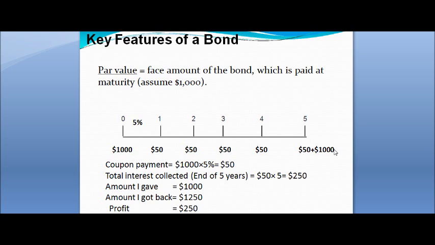And you'll also get the $1,000 back, the money you have lent to the bond issuer. So the total interest payment after 5 years is $50 times 5, which is $250. So you have invested $1,000 and you receive a total of $1,250, and you have made a profit of $250 from it.